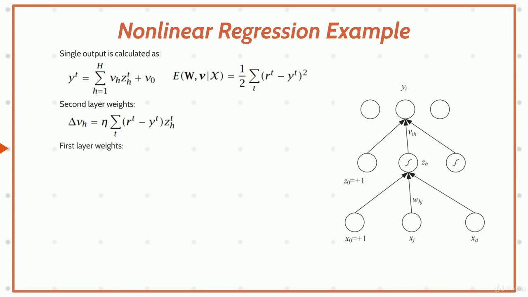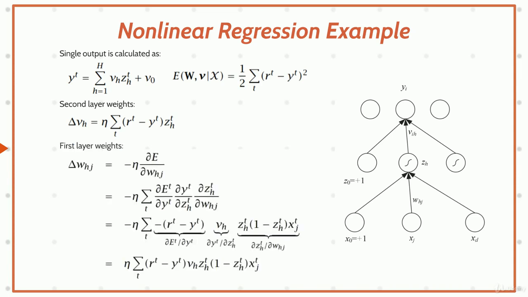But the first layer weights are much more complicated, though they can be found using the partial derivatives that we had in the previous slide, and this is what that looked like. I'm not going to dive into this math, and you can follow along with each step if you so desire, but ultimately what it produces is a way to update the weights in the first layer based on the output of our second layer.